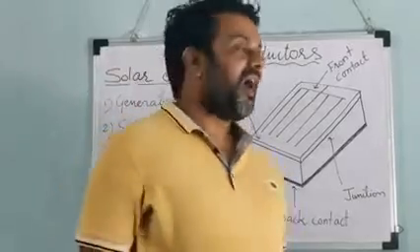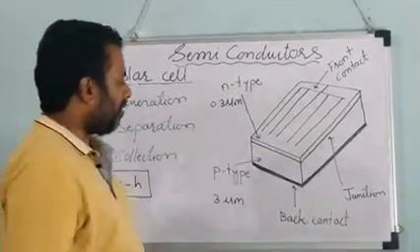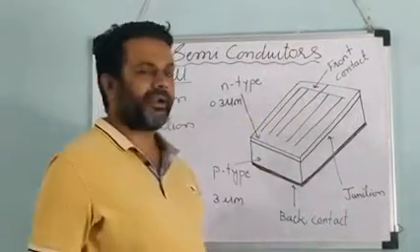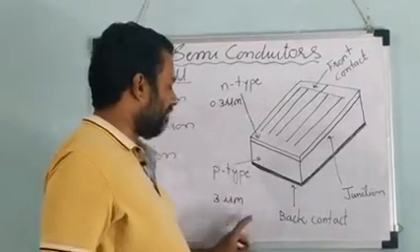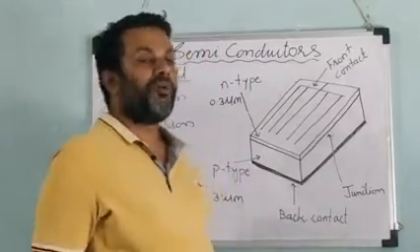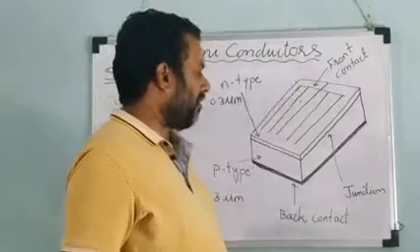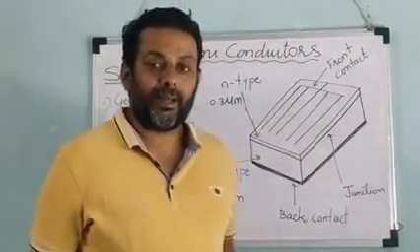Then after that comes the collection of the electrons and holes. Whatever electrons come into the N type semiconductor are collected by the grid, or the front contact, or the finger contact, and whatever holes reach the P type semiconductor are collected by the back contact. In this way, a very large number of electrons will be collected at the top by the front contact, and a very large number of holes will be collected at the bottom by the back contact.